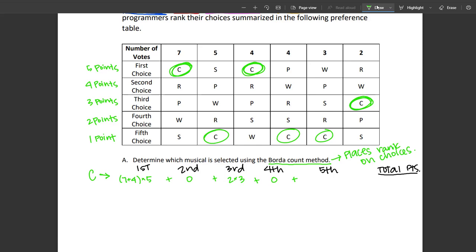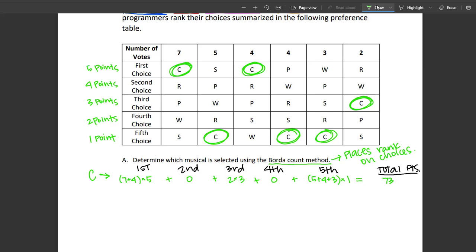We have 5 right here, we have 4 right here, and then we have 3 right here. So we're going to add 5 plus 4 plus 3, and we're going to multiply that by 1 point for the last place votes. And whenever you add all of this up, we get that our total points for Cabaret is 73.